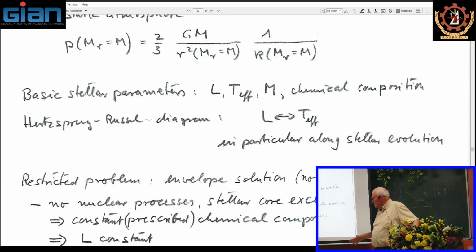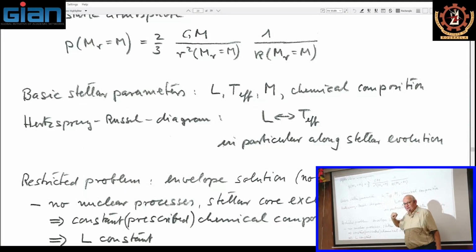You can shorten this stellar evolution calculation by considering a so-called envelope problem or envelope solution. Then you determine the luminosity and effective temperature.